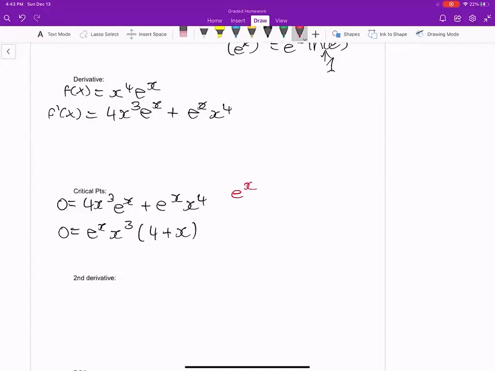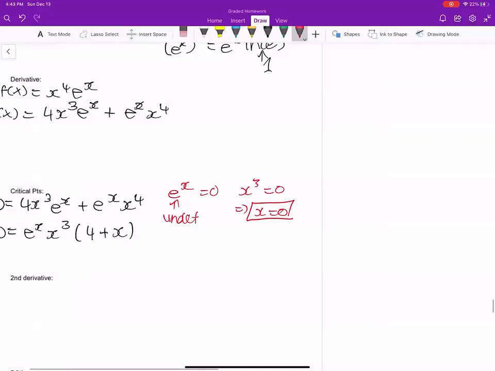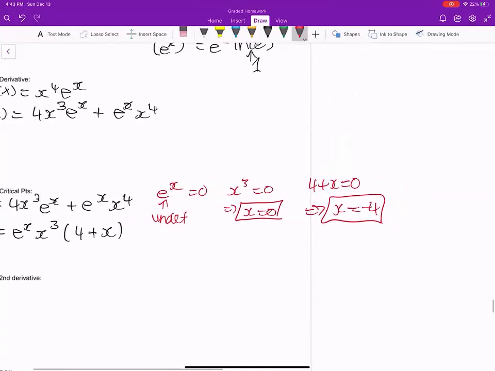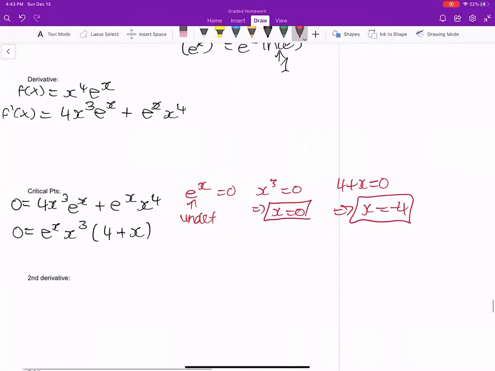So you get e to the x, which we showed is undefined when e to the x equals 0. x cubed equals 0 implies x equals 0, so that's one of our critical points. And 4 plus x equals 0 implies x equals minus 4, so that's another critical point. So we have two critical points, 0 and minus 4.